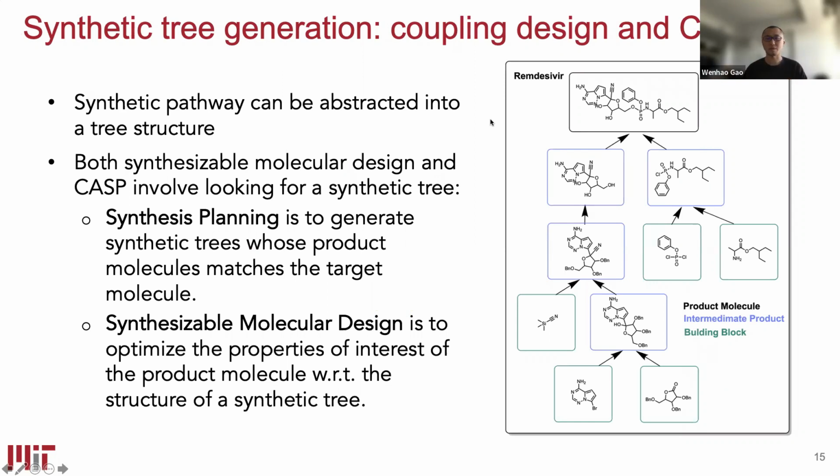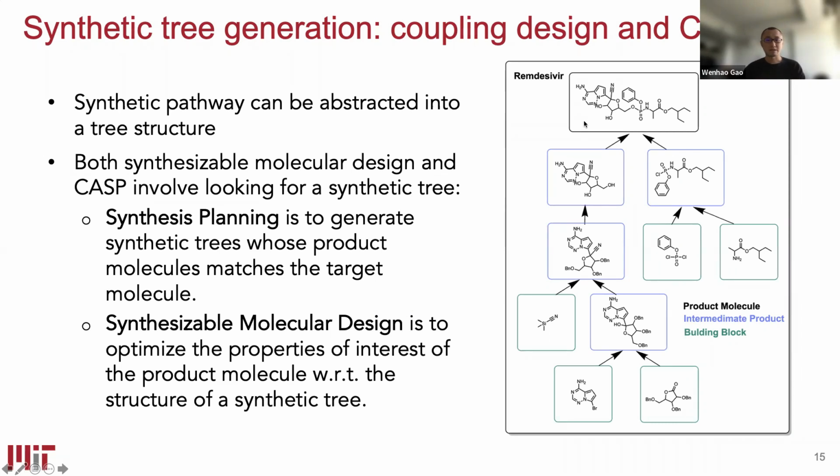Is there a better approach? From above, we know the best way to ensure the synthesizability of a molecule is explicitly finding a synthetic pathway for it. So why not directly design the synthetic path instead of designing the molecular structure?